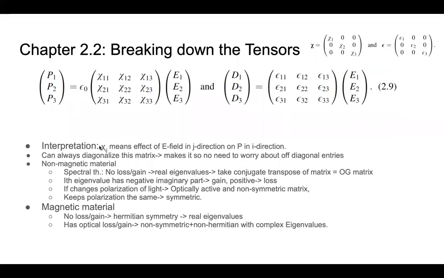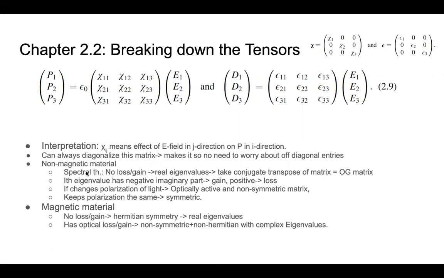Yeah, so interpretation. Chi_ij means the effect of the E field in the j direction on P in the i direction, as I explained before. You can always diagonalize this matrix, so you don't really need to worry about the off-diagonal entries. There are meanings to these eigenvalues too.